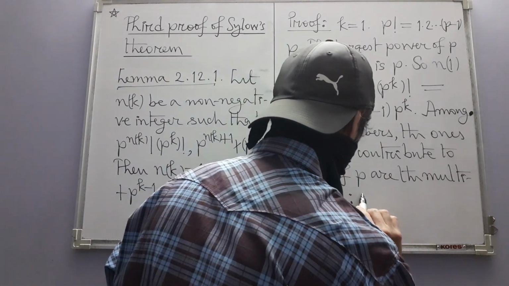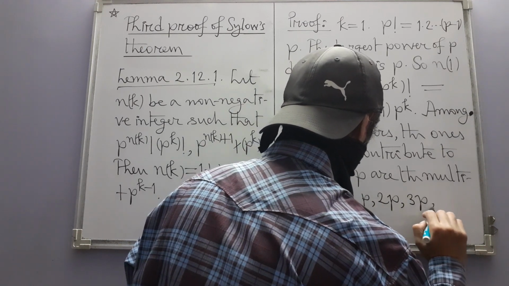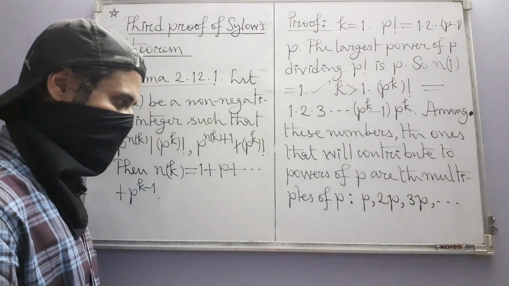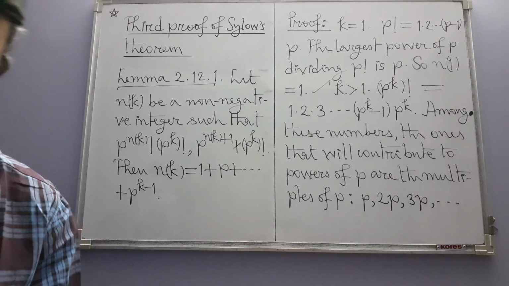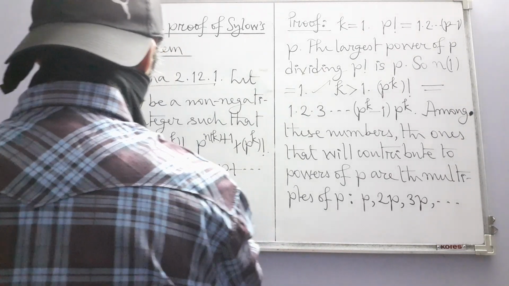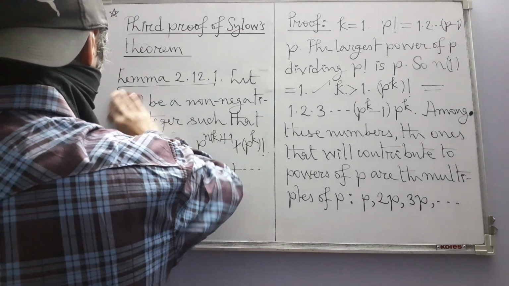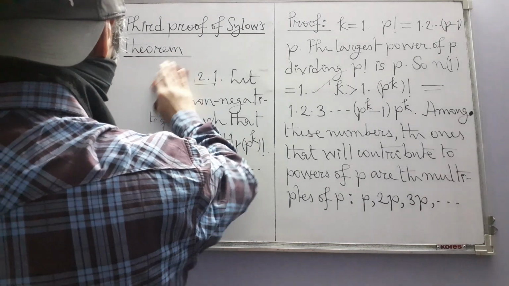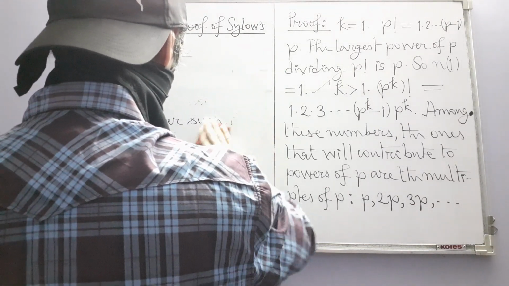Of course, they will be p, 2p, 3p, like this, up to what? How far shall we go? Note that the last factor itself is a multiple of p, so we can go that far.